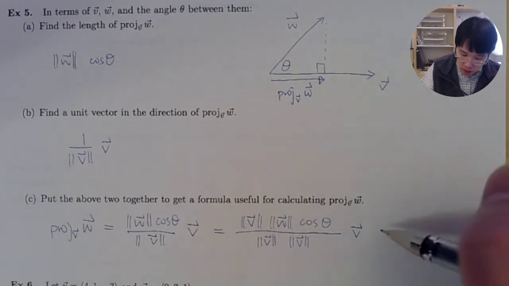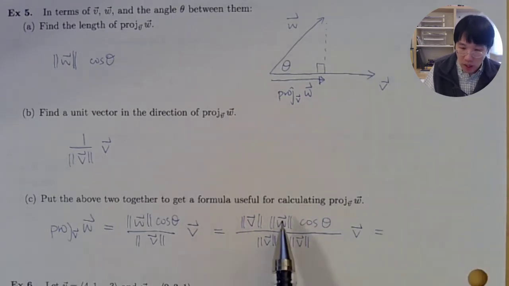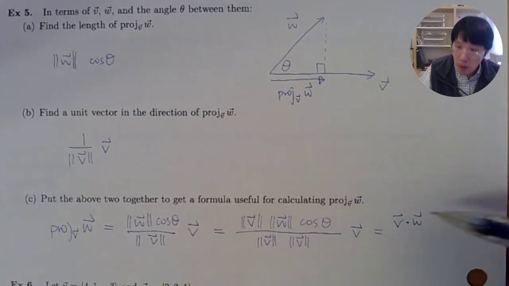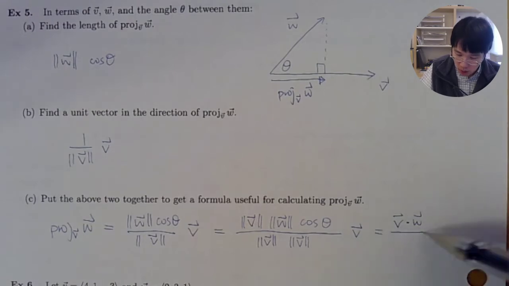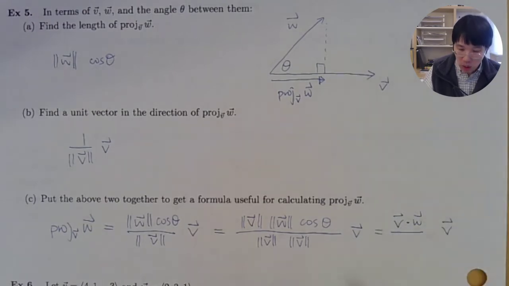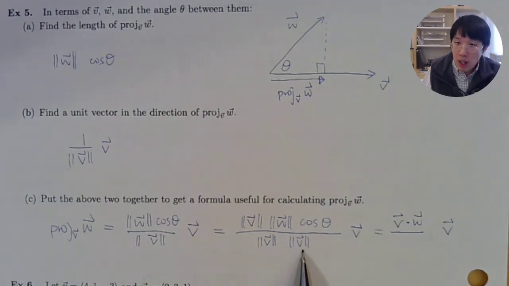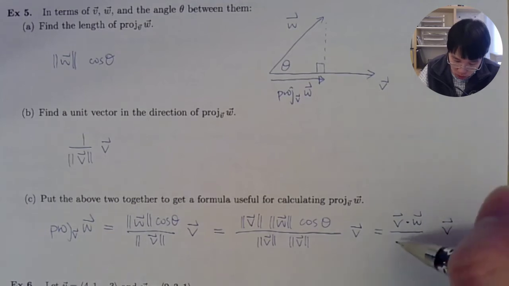But the length of v, the length of w, and cosine theta, exactly that was what I was going for. That's v dot w from the previous page. And then also below, from part E of the theorem that we verified, the norm of v times the norm of v is equal to v dot itself.